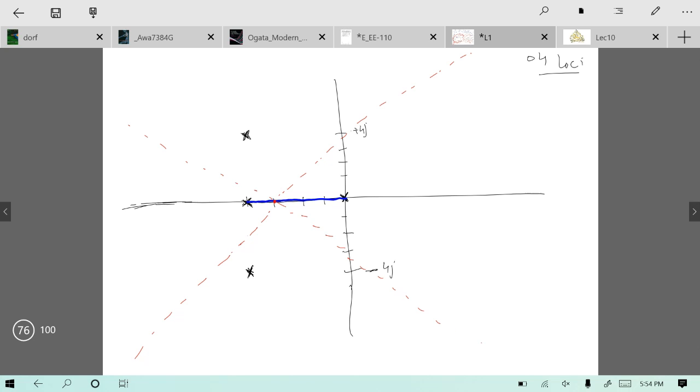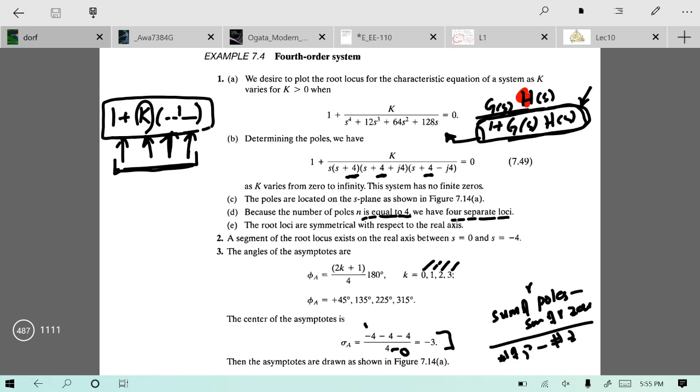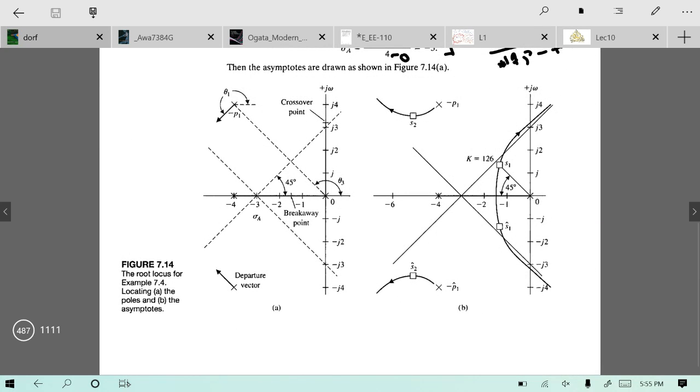So I have drawn the asymptotes. Let us see the asymptotes in your book. These are your asymptotes.